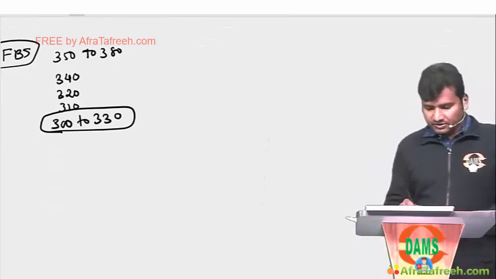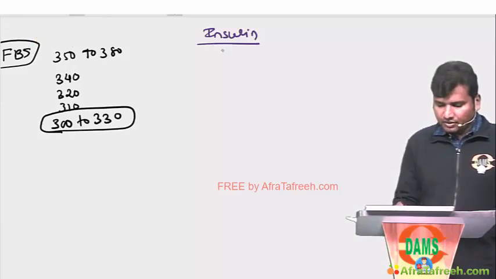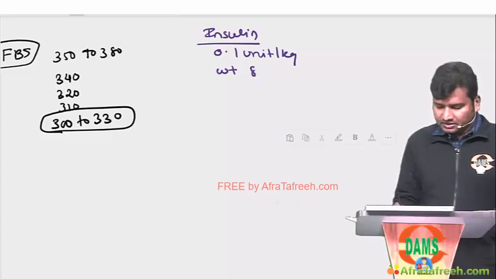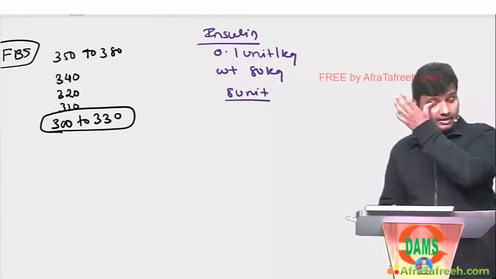According to the guidelines, we have given 0.1 unit per kg. The weight of our patient was 80 kg. So we have given 8 units of insulin at night. Okay.